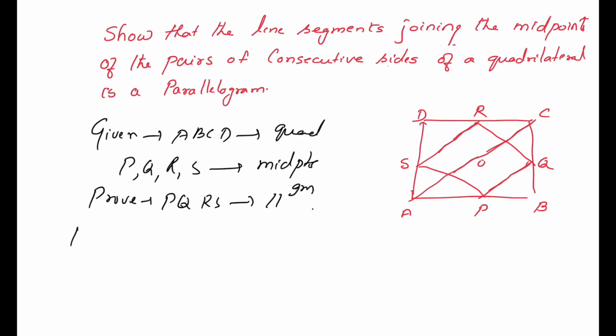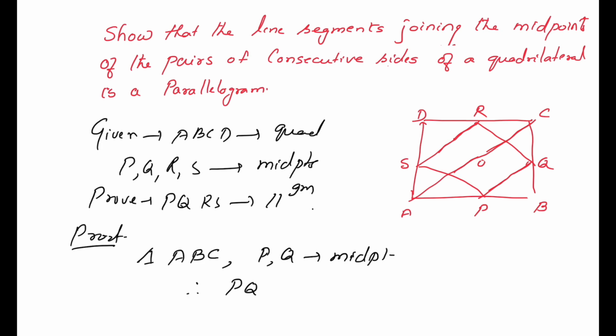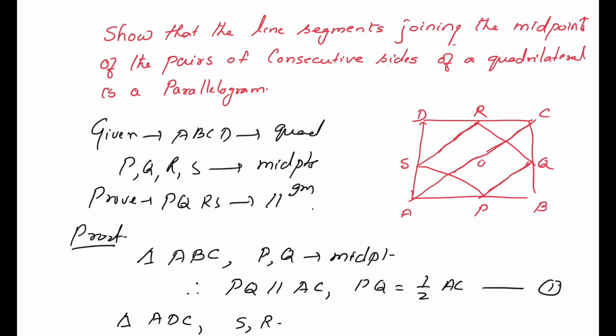So, consider the triangle ABC. P and Q are midpoints. Therefore, PQ is parallel to AC and PQ equal to half of AC. Let me call this equation 1. Consider the triangle ADC. S and R are midpoints.